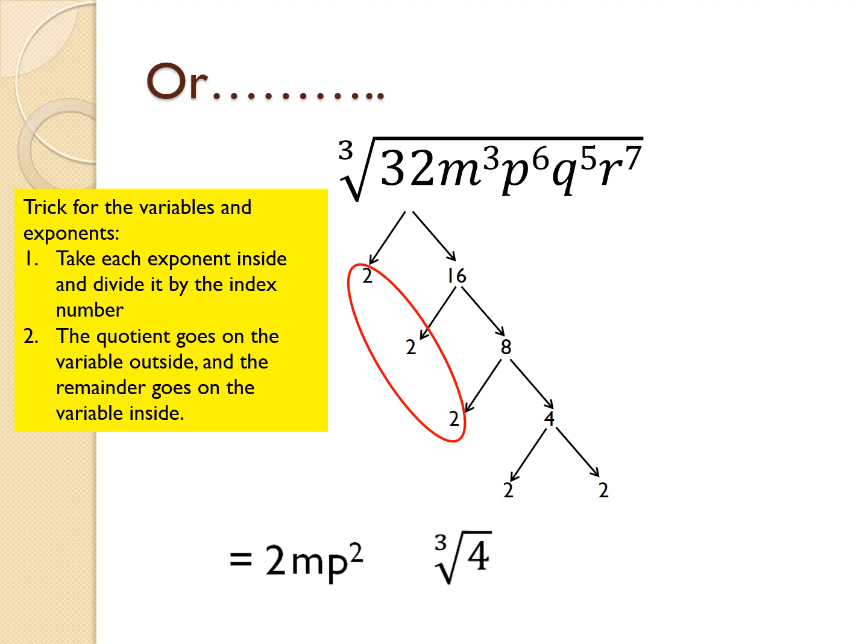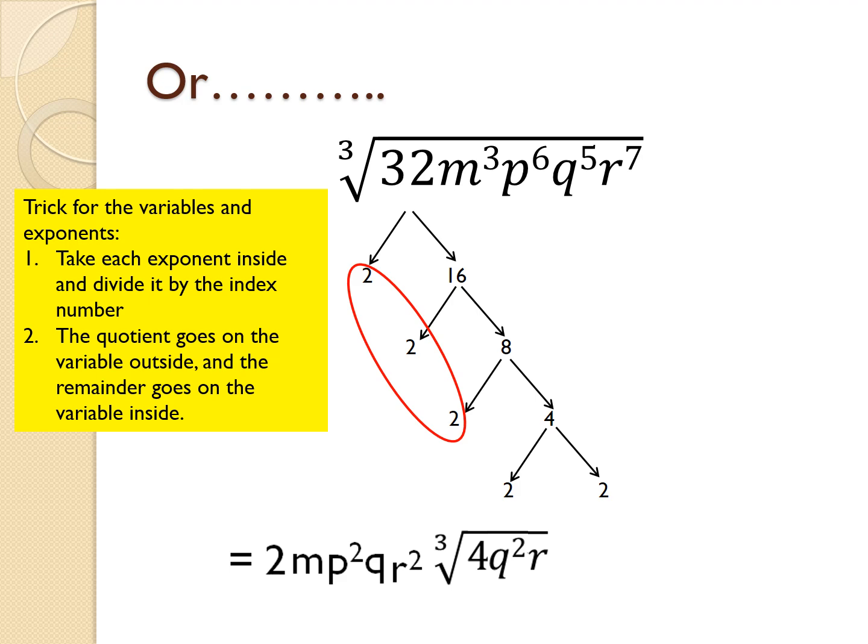So q to the first comes outside, but because I have a remainder of 2, that 2 becomes the exponent on the inside. And lastly, 3 goes into 7 2 times, so r squared on the outside, remainder of 1, r to the first on the inside.